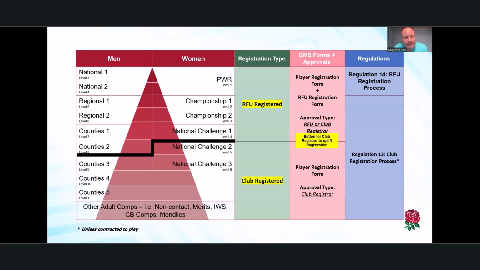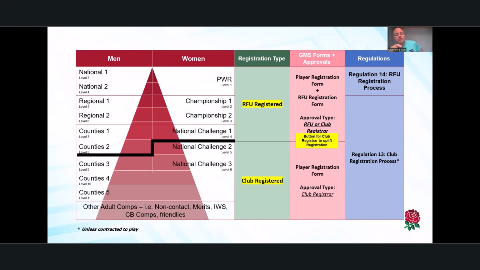And for those players who are only going to play the highest level, for want of a better word, of National Challenge 2 Level 5 in the women's game and Counties 3 Level 9 in the men's game, then that will be the only registration type that they will need to do.